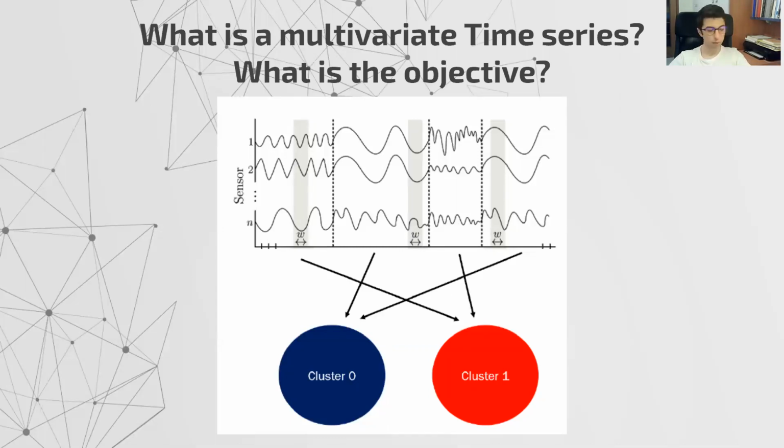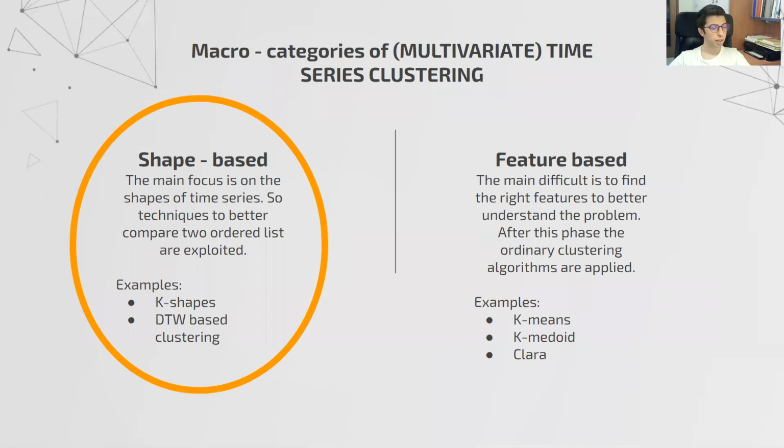This is not the objective of this series of meetings. We want to consider the whole shape that characterizes one window, in particular of different sensors. So this is the meaning of this slide.